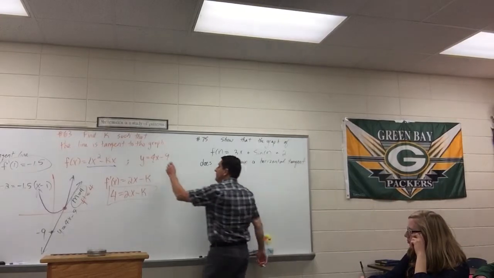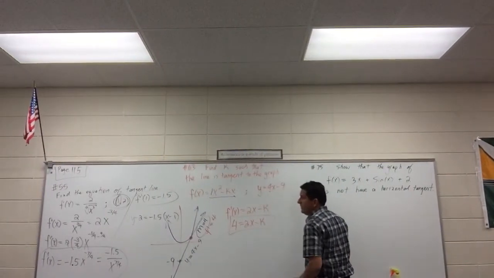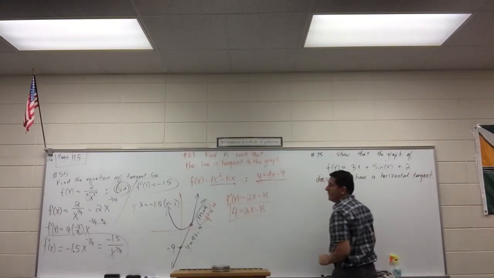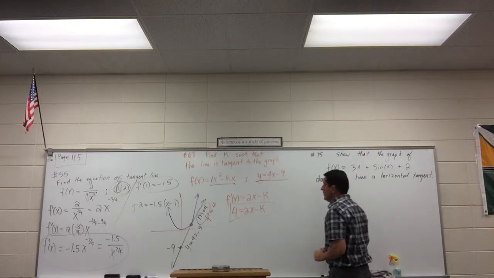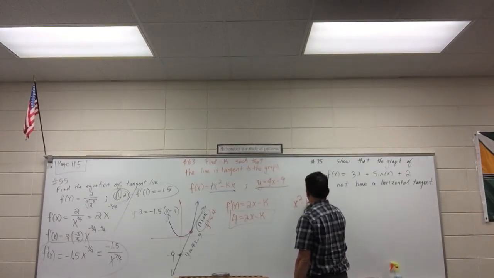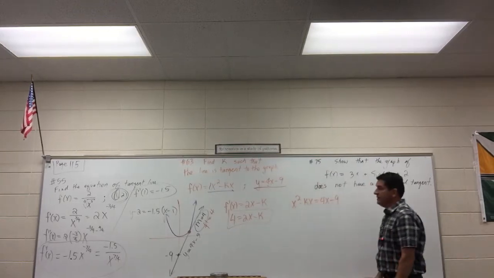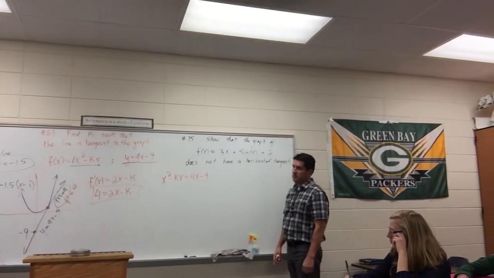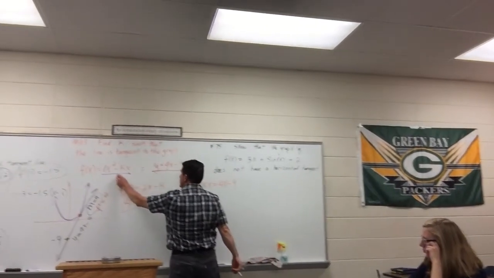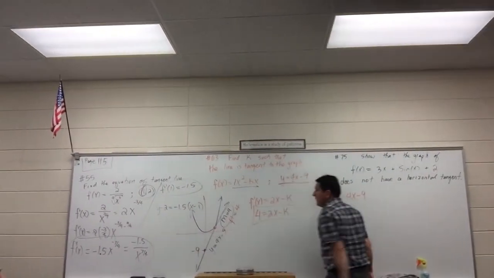That means when I graph this one and I graph this one, they both have to touch, which means I can set the y coordinates equal to each other. So this is going to mean I've got x squared minus kx equals 4x minus 9. The y coordinate for the function has to equal the y coordinate for the line right at that point.